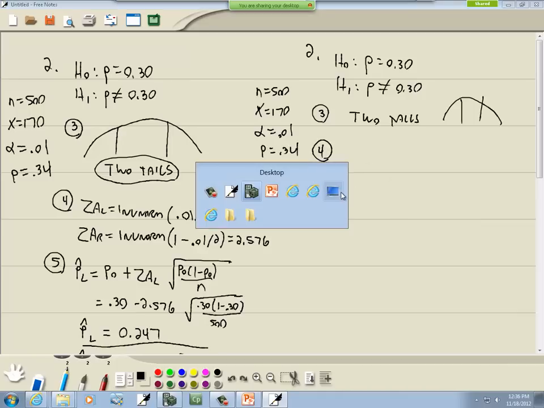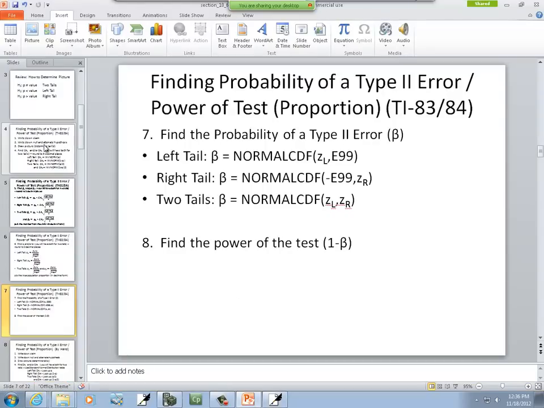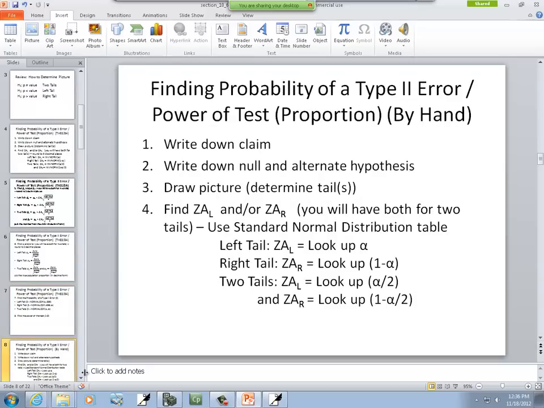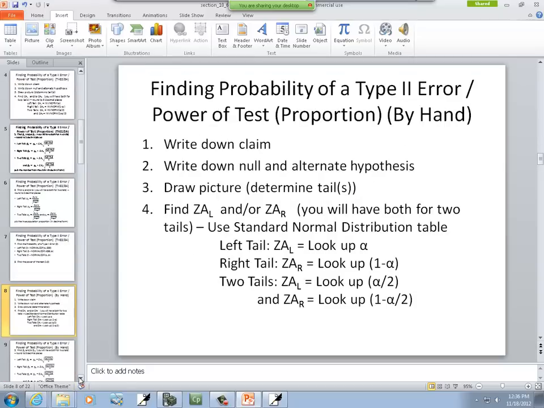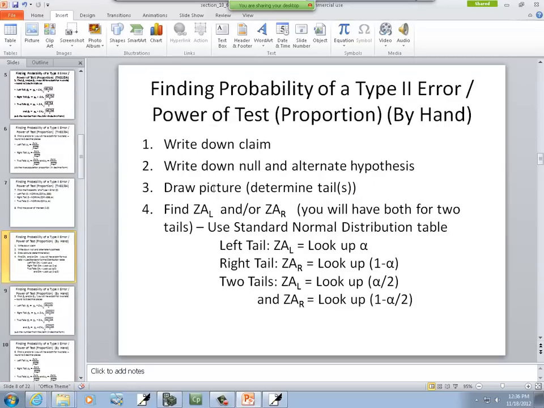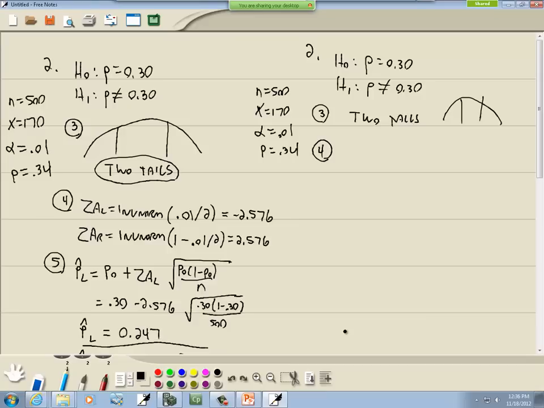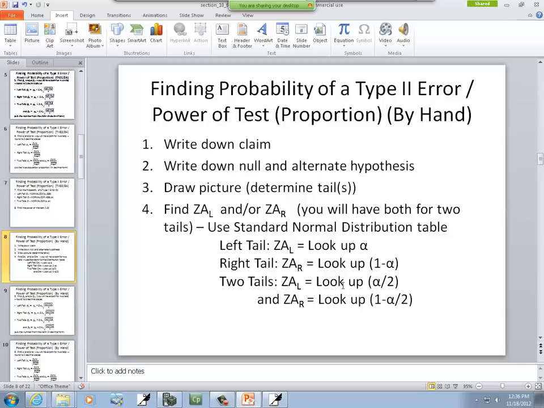Okay, step 4. Let's see, where am I at? Right here, by hand. So we drew the picture, we did all the first ones. Step 4, find Z alpha sub R and Z alpha sub L, both of those. For two tails, let's do Z alpha sub L first. It says look up alpha divided by 2.